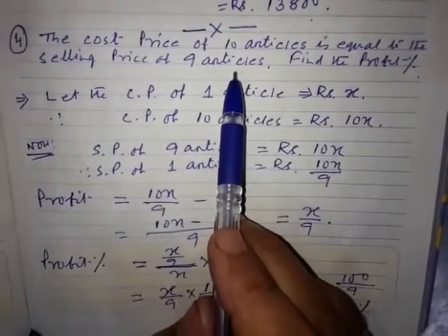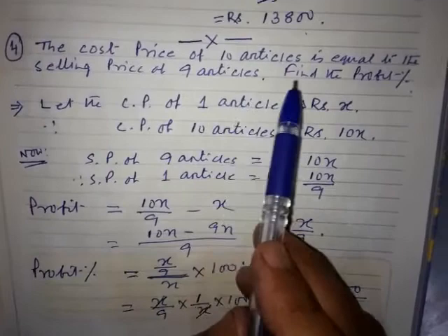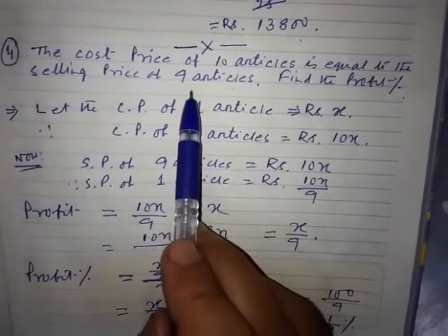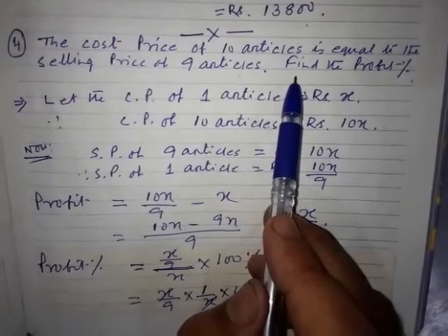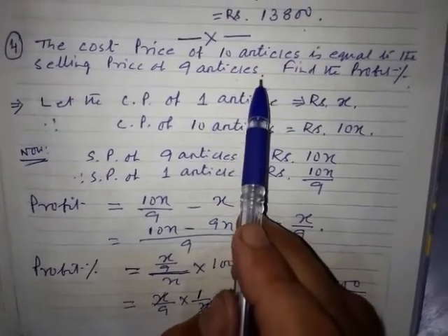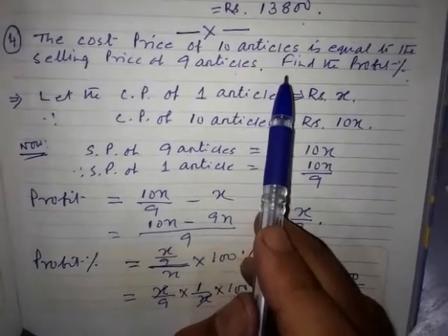That means you have to find the cost price of the same quantities and the selling price of the same quantities. The number has to be the same, then only you will be able to find the profit and loss.